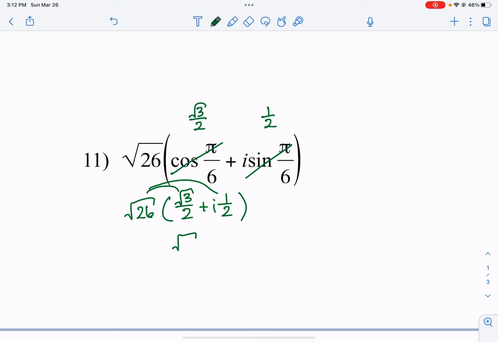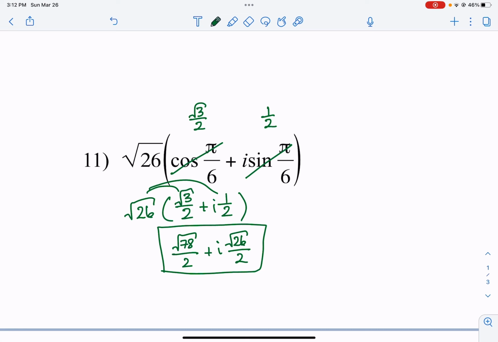So we have the square root of 78 over 2 plus i times the square root of 26 over 2. And I'm just trying to see if the square root of 78 simplifies at all. Okay, so that's 2 times 39. 39 is 3 times 13. No. Yeah, this is as simplified as we can make it, right? So this is the rectangular form for that polar complex number.